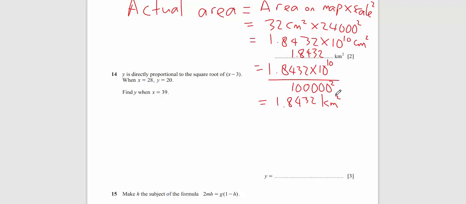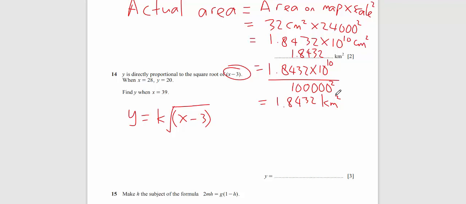If you get directly proportional, you have y equal to k times the square root of x minus 3. If they say inversely, it will be k over the square root of x minus 3. That's the difference. If directly, it is times; if inversely, it is divide.